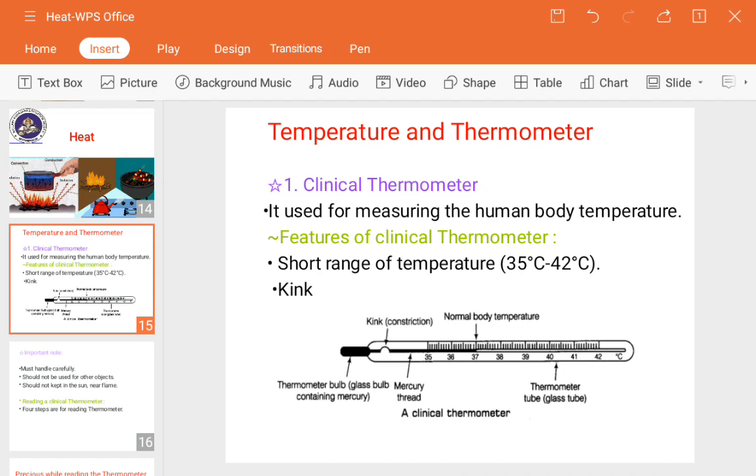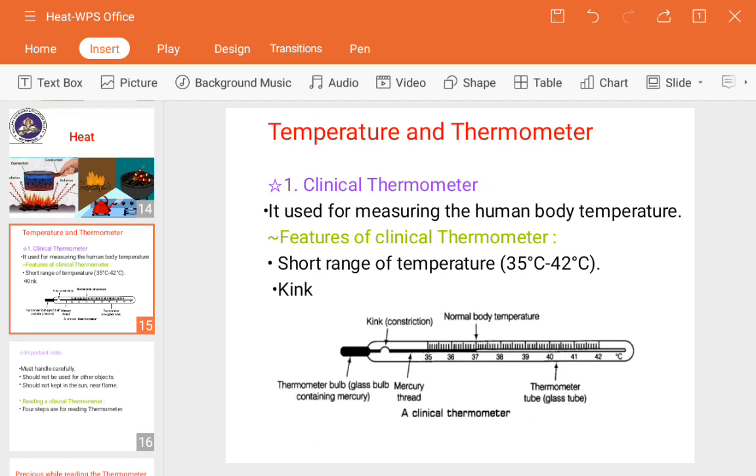This thermometer consists of a long glass tube having a thin and uniform bore. Next, there is a glass bulb at one end of the glass tube which contains mercury, as shown in the figure.